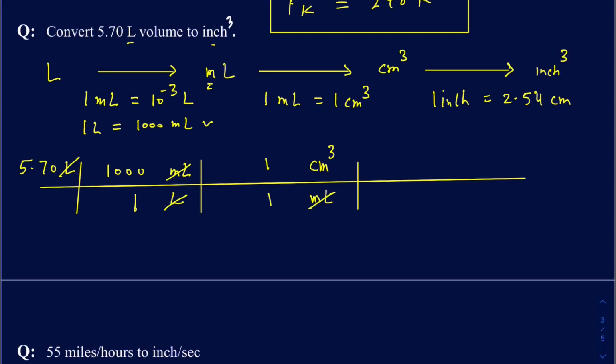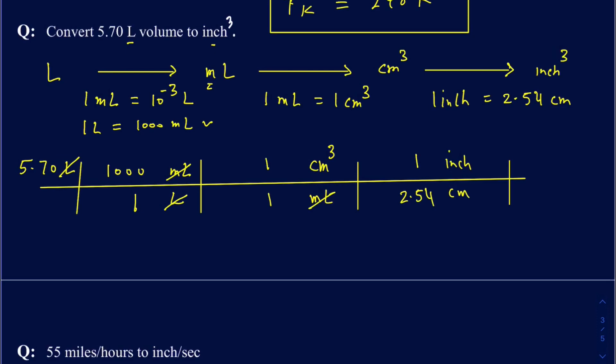And then finally, we want to convert the centimeters into inches cubed. Since we're trying to find the inches, I'll put the inches on the top, and we're trying to get rid of the centimeters, so we'll put that in the denominator. So I know 1 inch is going to be 2.54 centimeters.